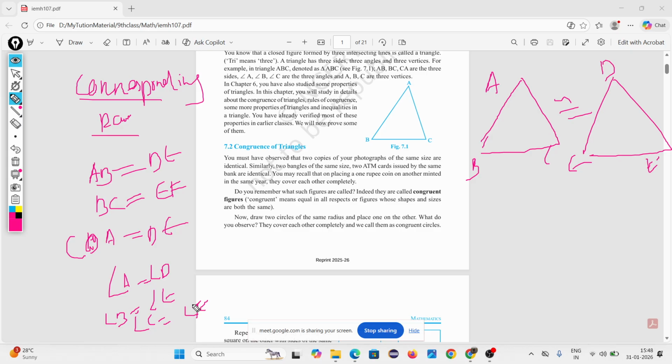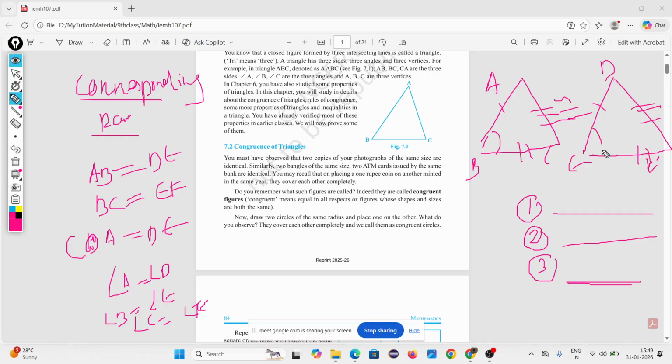Okay. That means, do I have to remember these six things? How to know these two triangles are congruent? Either sides are equal, angles are equal, then superimposed. Physically how to prove? Prove all the sides are equal, this side equal to this side, and also this angle equal to this angle.